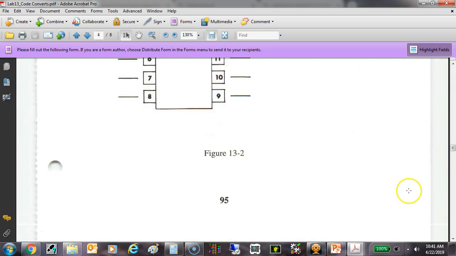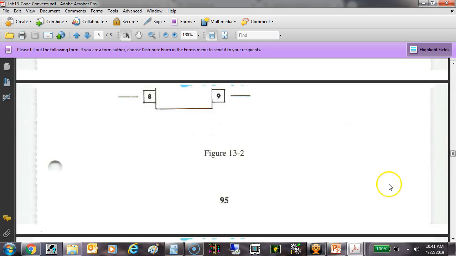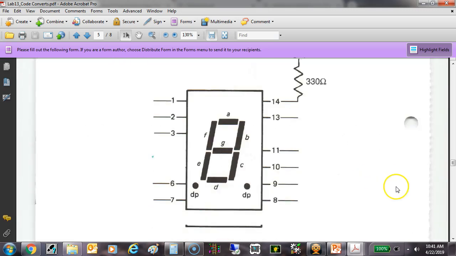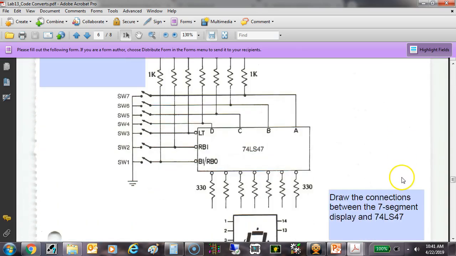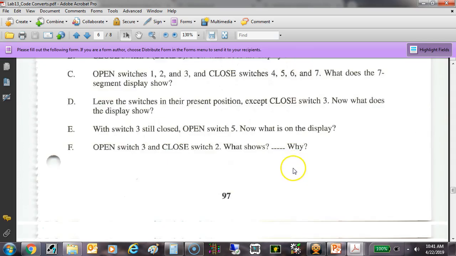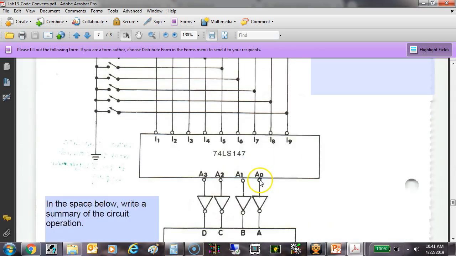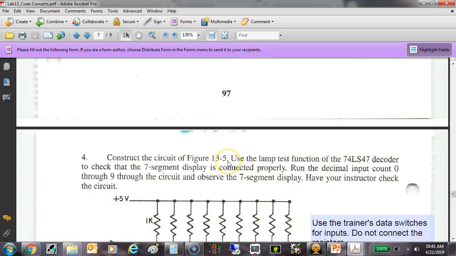So we didn't design the circuit, right? That would have been really hard. So this is a decoder. 74147. This is an encoder.